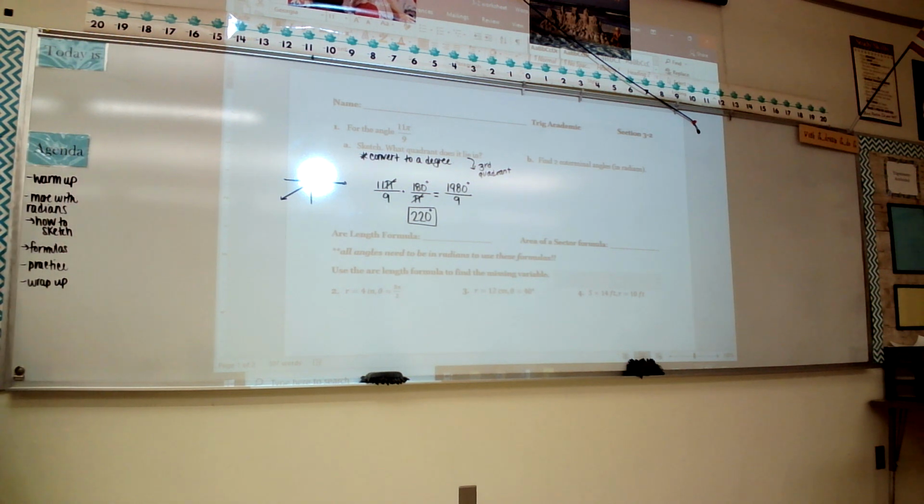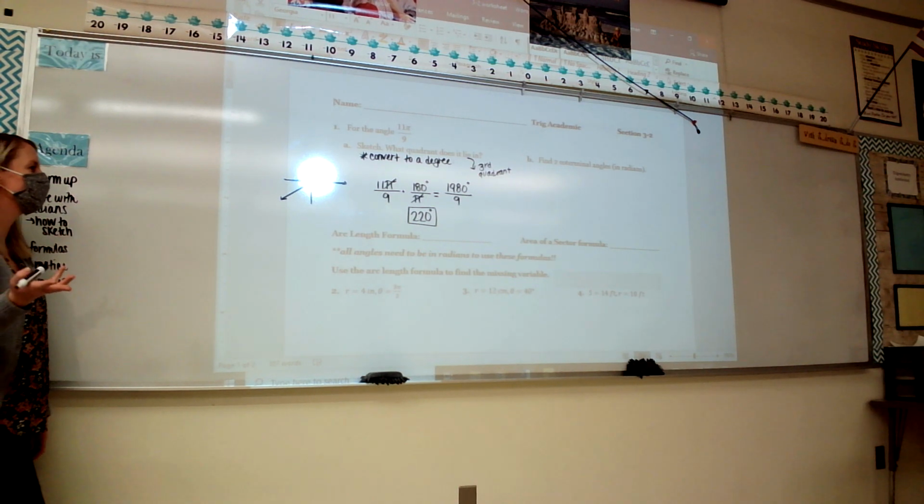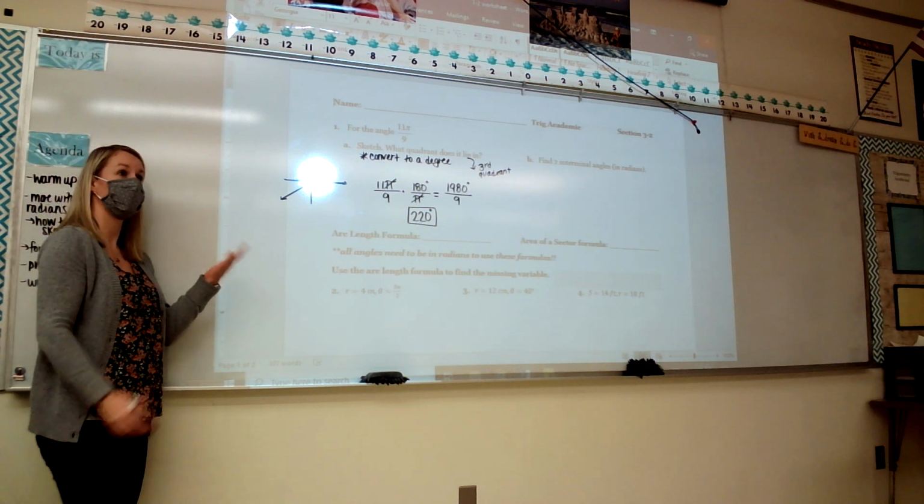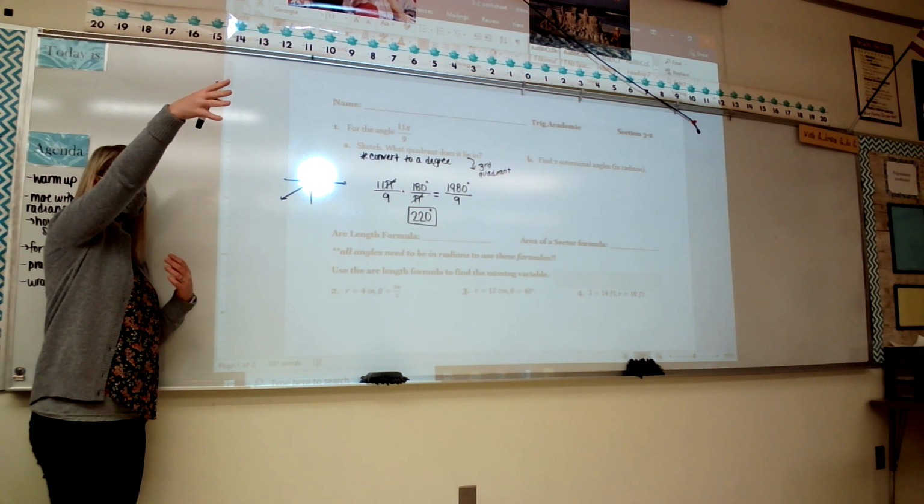So just as a heads up, we have this new unit of measuring. It's like talking about inches and centimeters. You're measuring the same thing, it's just a different unit of measure. In the United States, we're like the only people that use inches. Do you use centimeters? Yeah. The metric system?